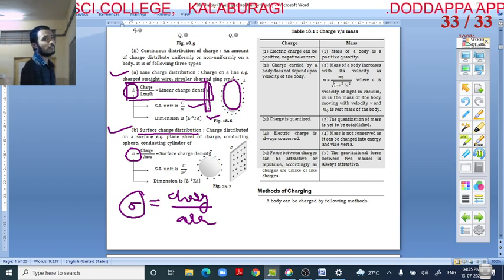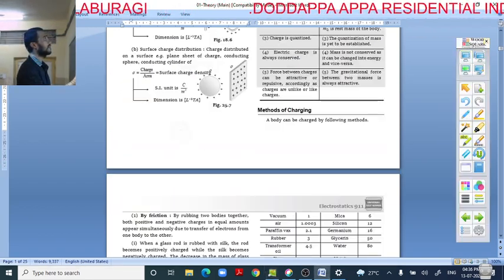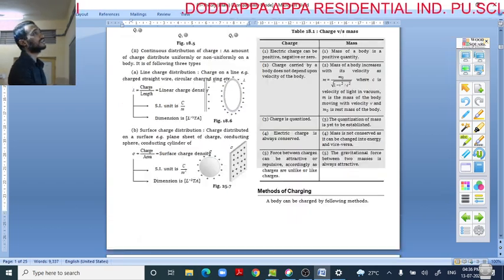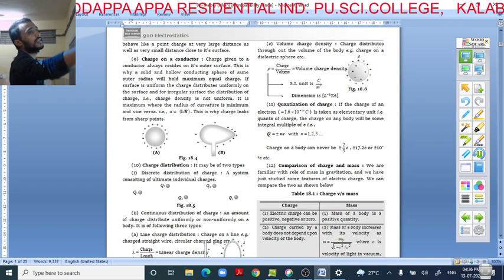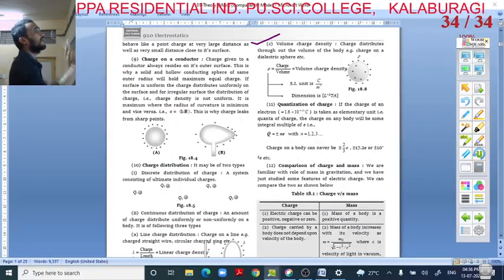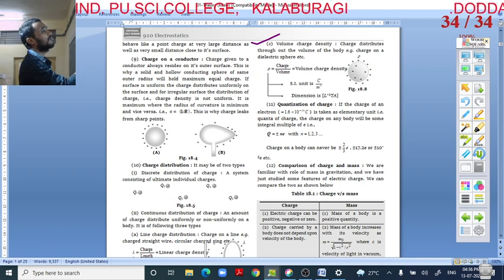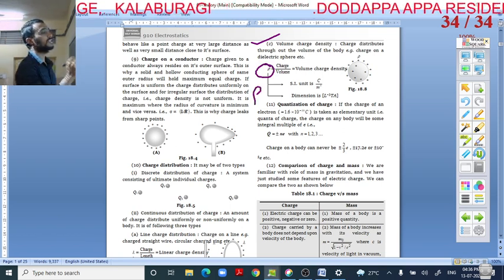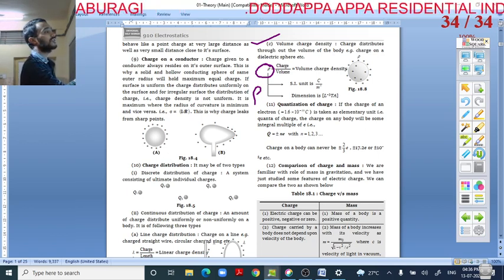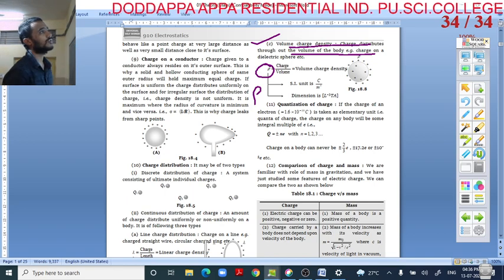Now, the third one is volume charge distribution, denoted by rho. Rho is equal to charge divided by volume. Here he has given the definition, you can go through this.